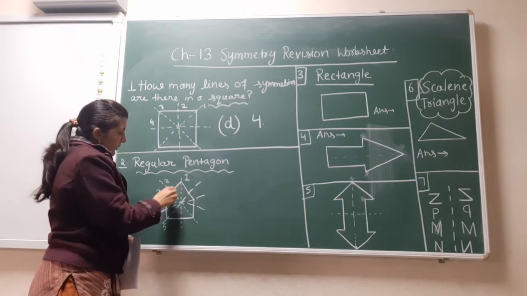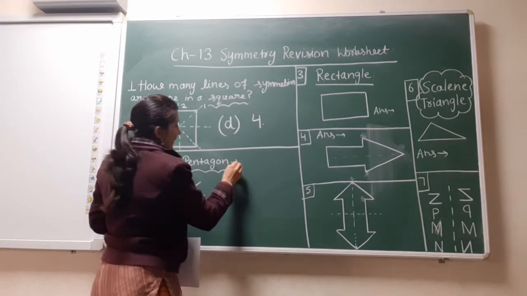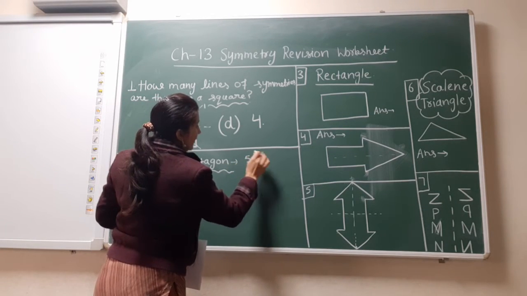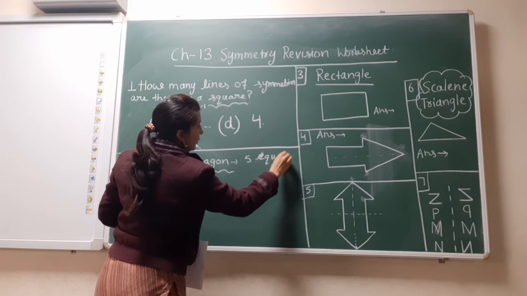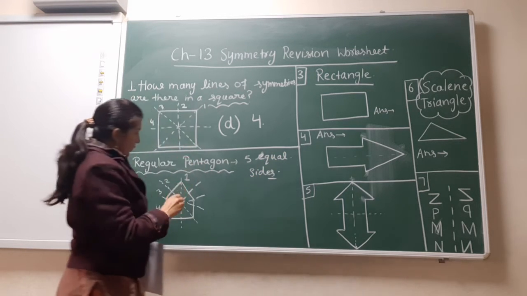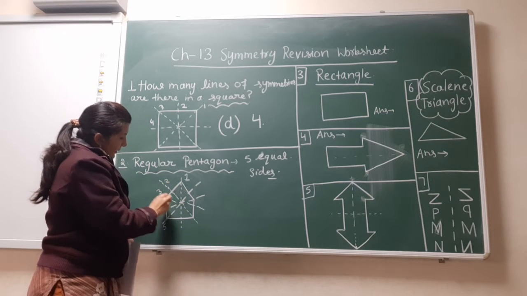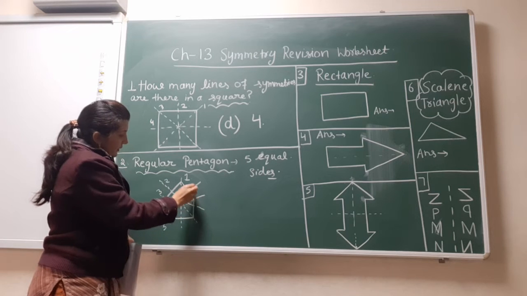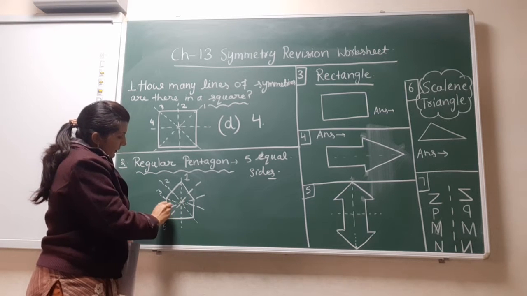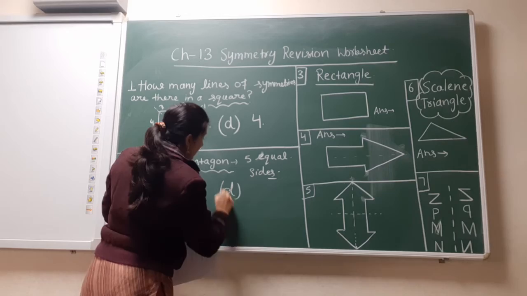This is the regular pentagon, 5 sides and all sides are equal. So the first line here is this, the second is this one, third is this one, the fourth one we take from this half line and this one from this, and the fifth one is from this. So it has the option D.